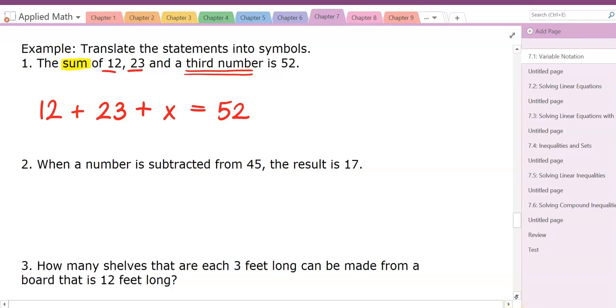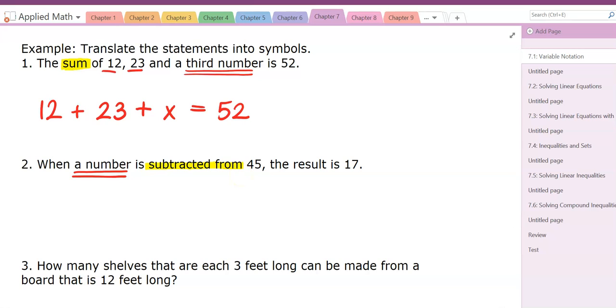Number 2 says, when a number is subtracted from 45, the result is 17. So a number is the variable, subtracted from, okay, so we have a subtraction operation happening here. Now it's coming from 45.